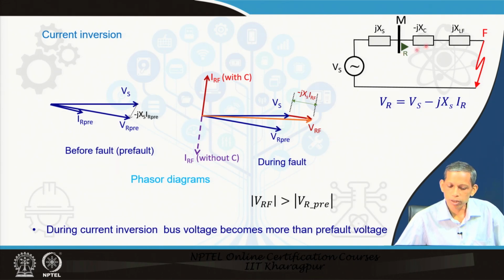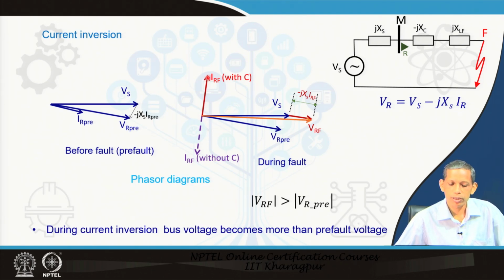Without the capacitor, the fault path current would be a lagging current of almost 90 degrees ideally. That is inverted because X c is greater than X L plus X f, and that leads to the corresponding current inversion, with the current direction like this in the presence of the capacitor, if that condition is satisfied.